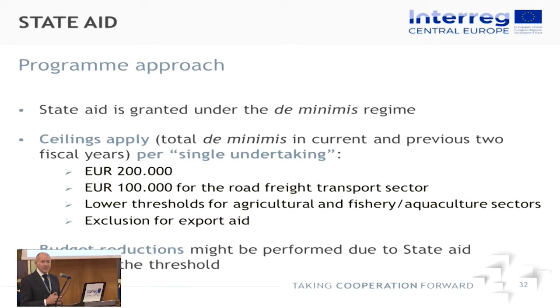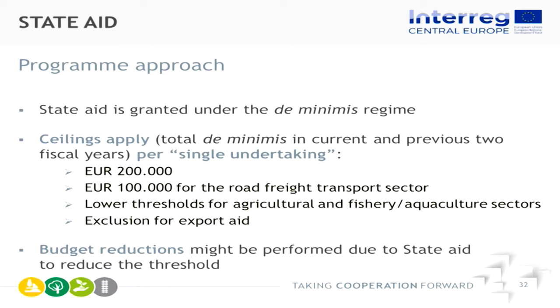Accordingly, since there are ceilings, there might also be some reductions. We have to keep in mind that these ceilings apply over 3 years, the current year and the previous 2 fiscal years from when the aid is granted. So you will be requested already in the submission phase to inform us of the previous de minimis received. In case the project is approved, before entering into the contract, we will ask those partners which are affected to draft another declaration on the previous de minimis aid.